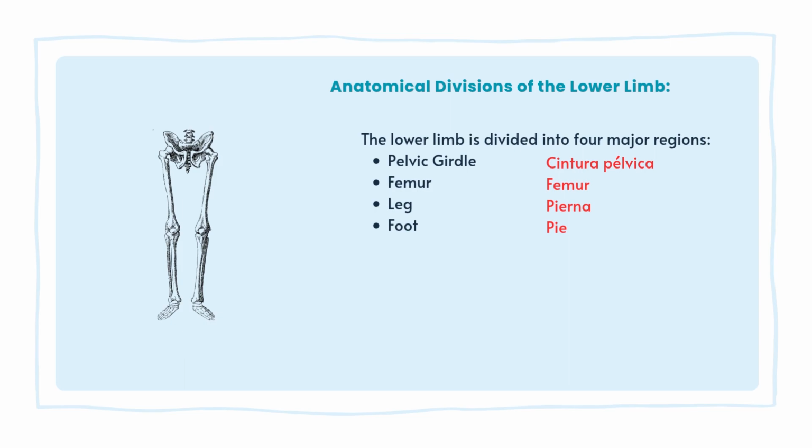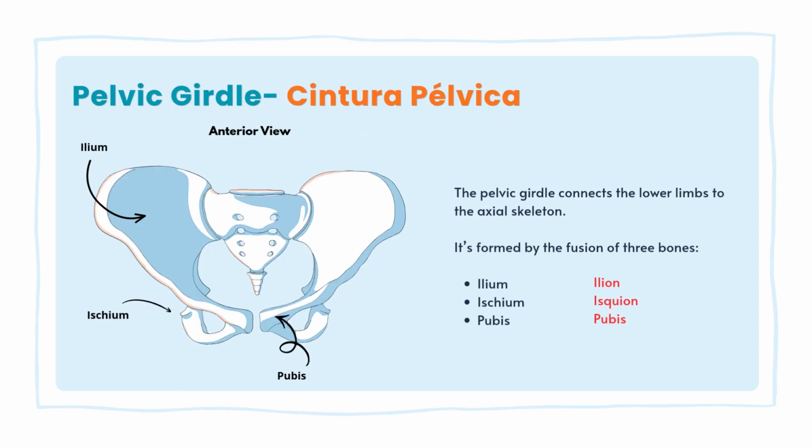cintura pélvica, fémur, pierna y pie. Okay, and we have pelvic girdle, cintura pélvica. This is the anterior view, and the pelvic girdle connects the lower limbs to the axial skeleton.